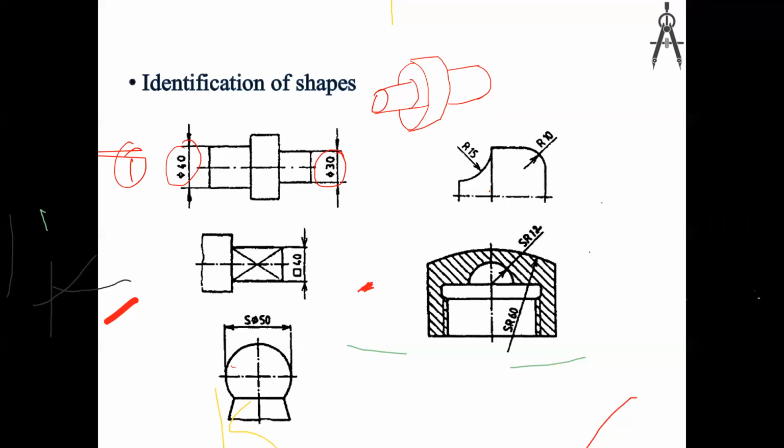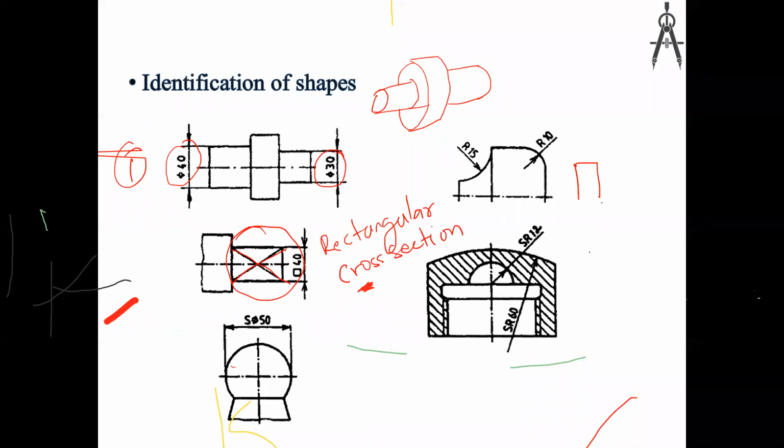Here you can see this is R15 and this is R10, so there are more circles. Here this shape is given, a cross shape. If it is a cross shape, that is a rectangular cross section, like this.